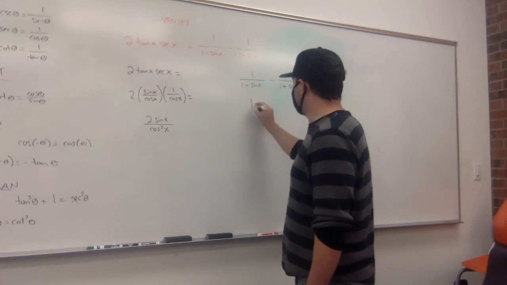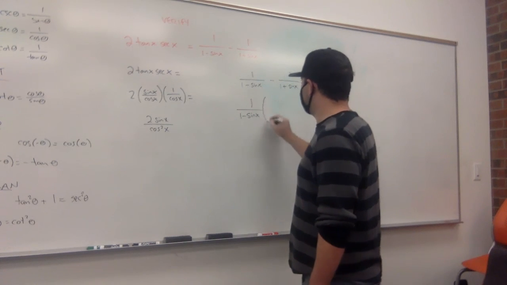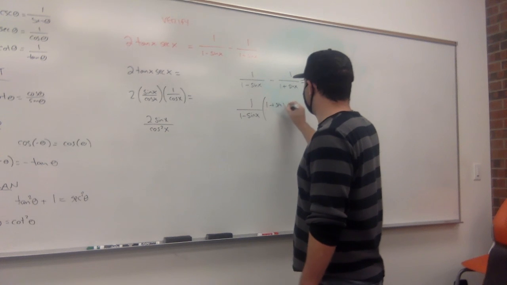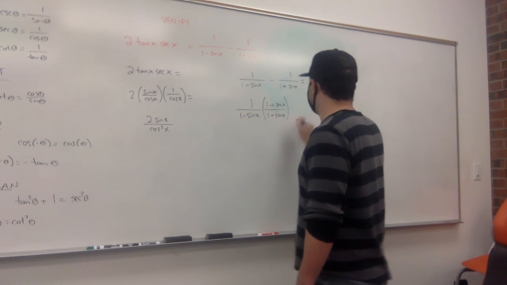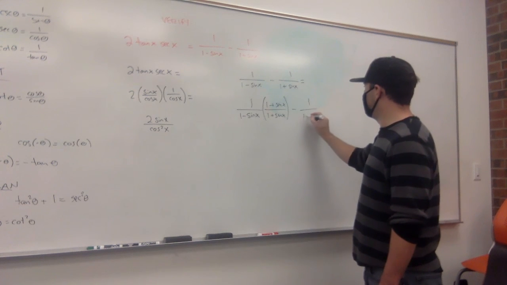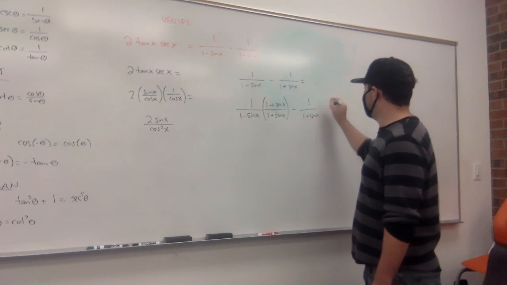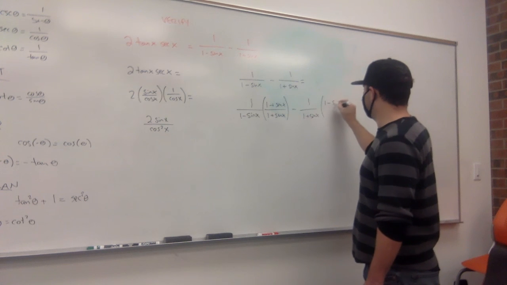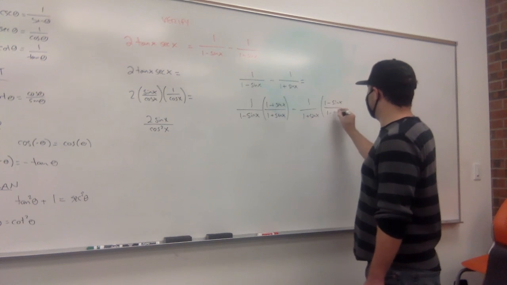So for my first fraction, 1 over 1 minus sine x, I'm going to multiply that by 1 plus sine x over 1 plus sine x. My second fraction, 1 over 1 plus sine x, I'm going to multiply by a similar fraction, 1 minus sine x over 1 minus sine x.